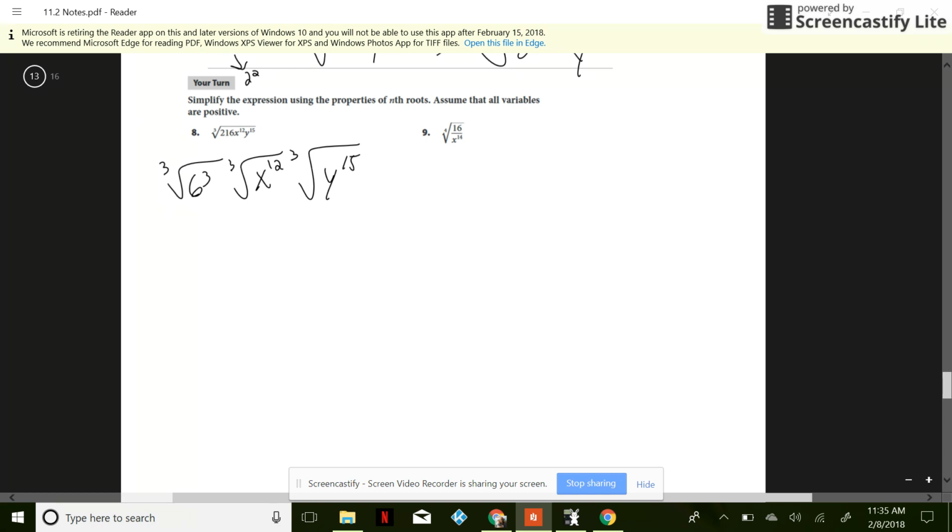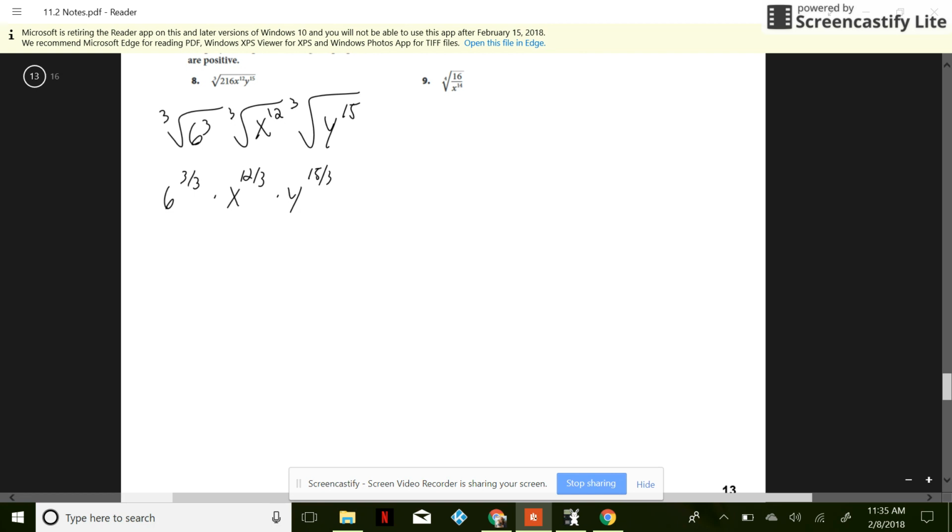So from here, I think it's easier to actually rewrite it in terms of the powers. Rewriting it this way, we can see how those different fractions are going to simplify. We'll end up with 6 times x to the 4th times y to the 5th. There is our simplified answer.